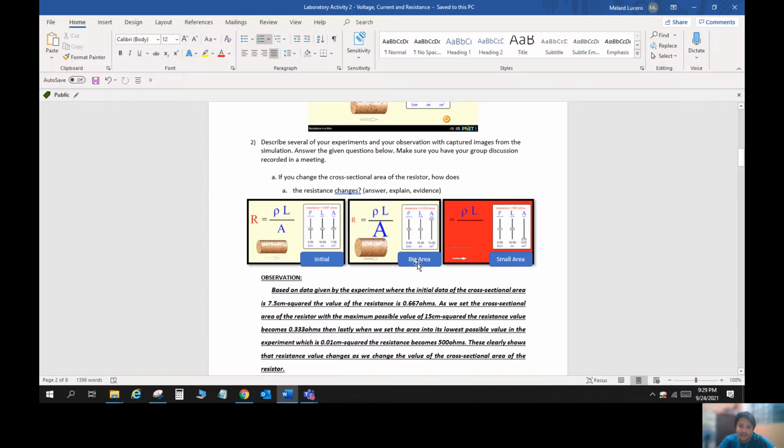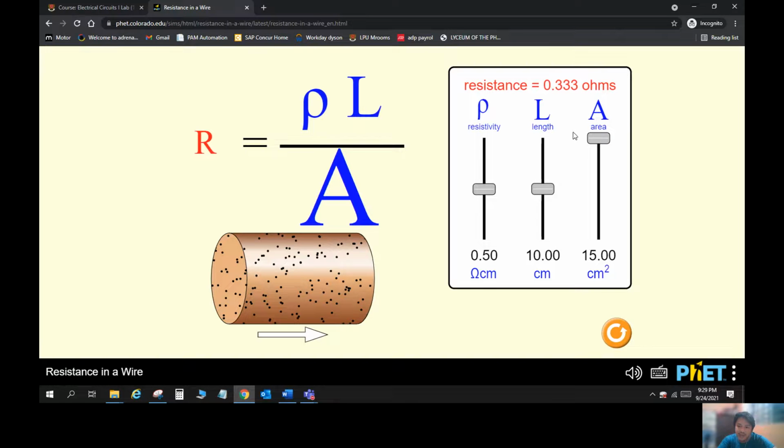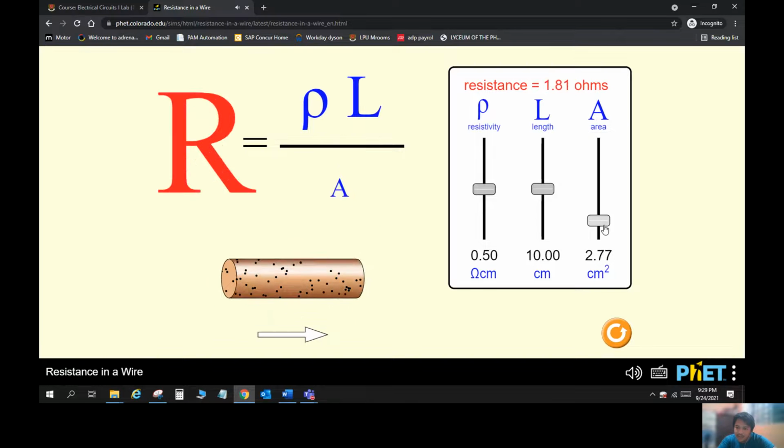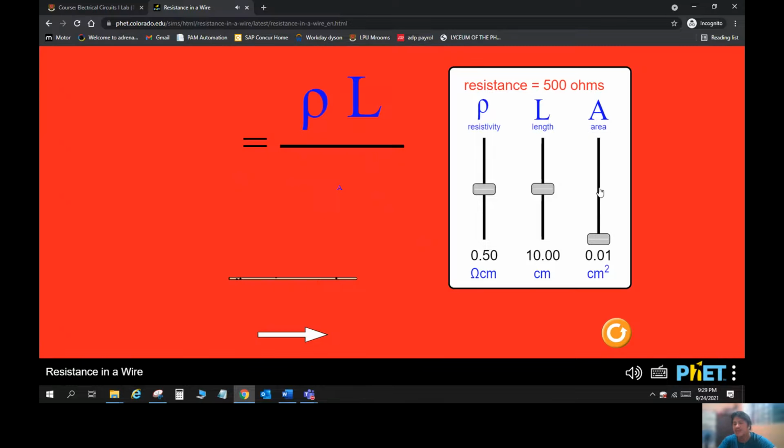So we have it here: the big area gives 0.333 ohms. Then lastly, we try the minimum or least possible area, which is 0.01 centimeters squared, and the resistance value will be 500 ohms.